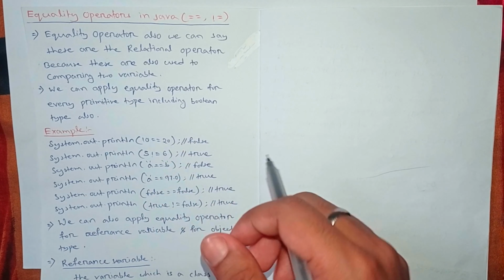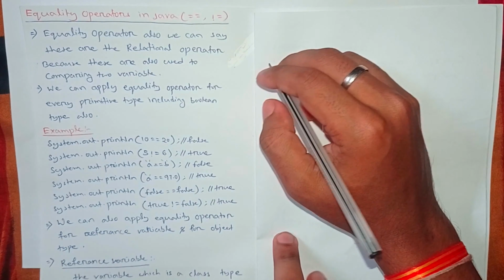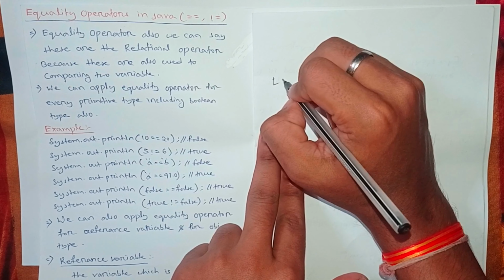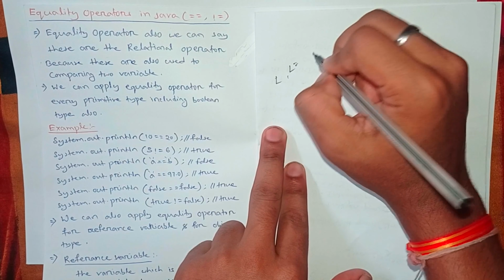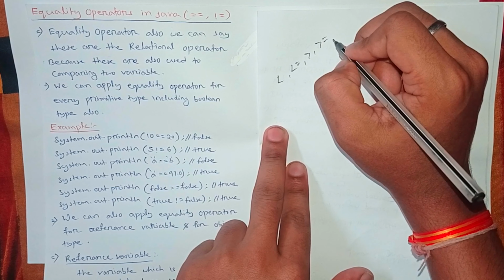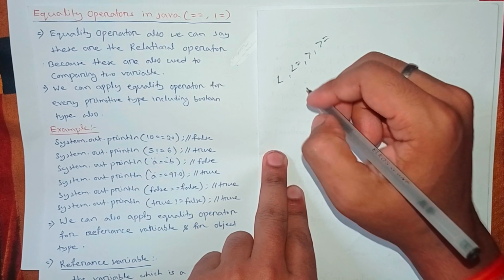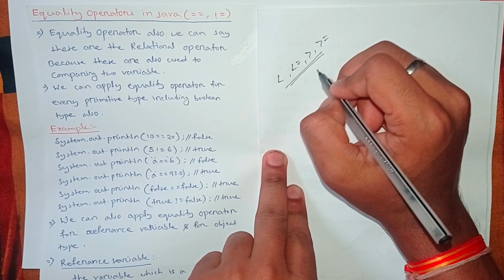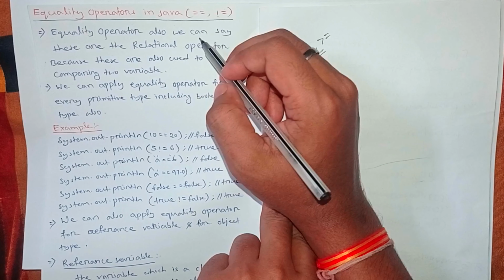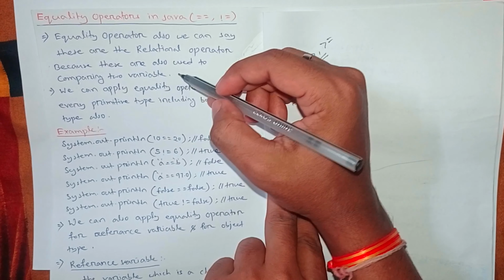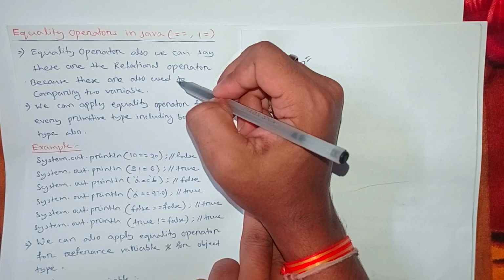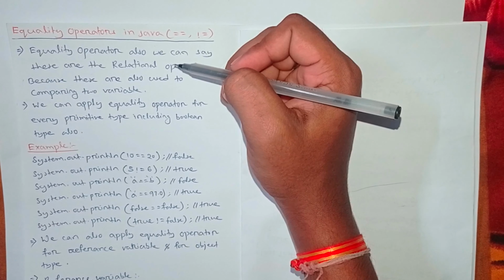Last class I already talked about the relational operators. These are less than, less than or equal to, greater than, greater than or equal to. These operators are used for comparing two variables, and equality operators are also used for comparing two variables. That's why we can say equality operators are also relational operators.